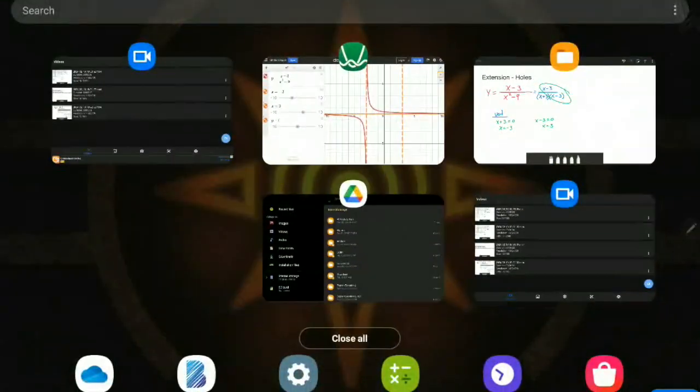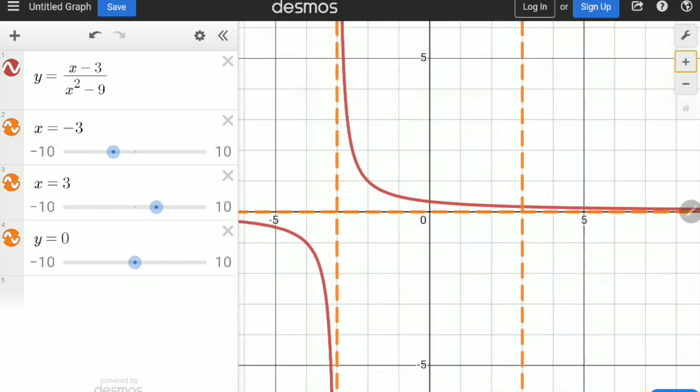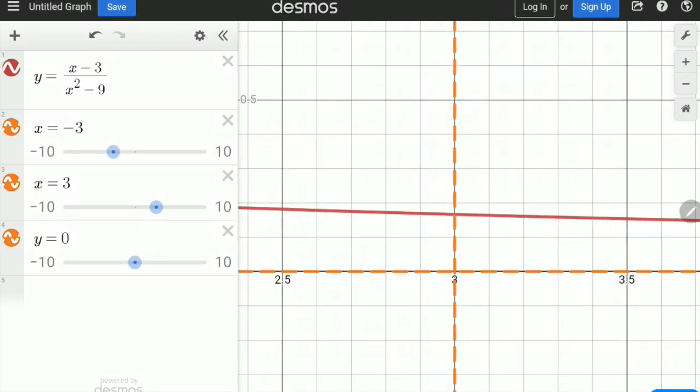If I pull up Desmos, however, so I already have it graphed, here's the expected asymptote, but you can see that there's not actually an asymptote there. It just goes straight through it, and nothing really follows along with the asymptote at one of those values. What's actually happening, if I zoom in here, let's see if it will cooperate with me.